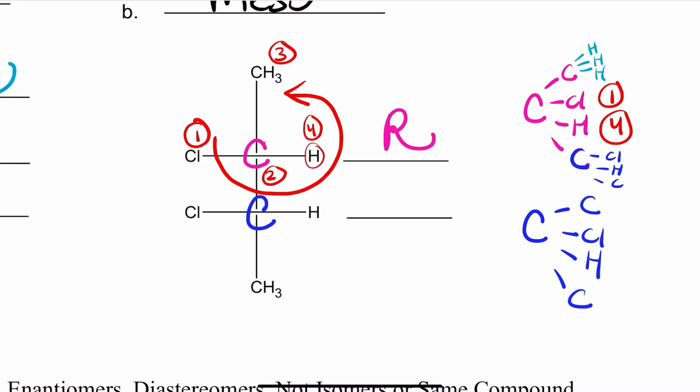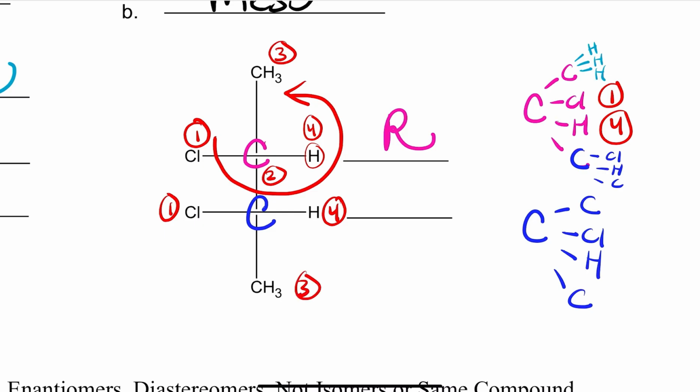Now let's do this last one here. All right, we know it's carbon connected to a carbon, a chlorine, a hydrogen, and a CH3. Again, quickly, really jumping, you could see that one's definitely 4. We already know that one's going to be 1, and because it's CH3, it's going to get number 3.